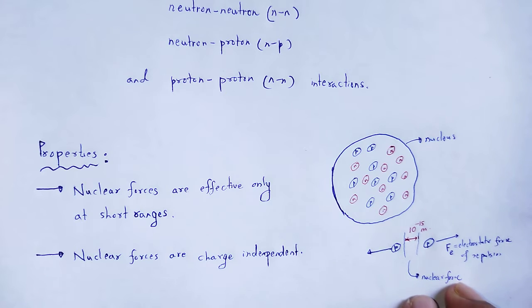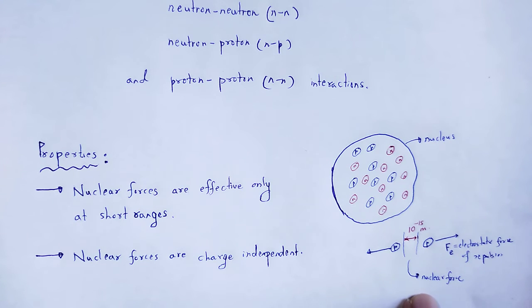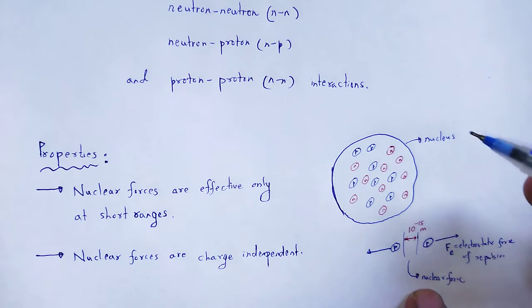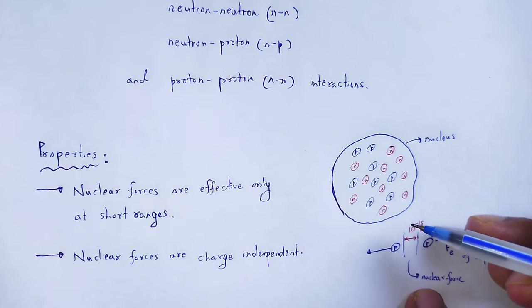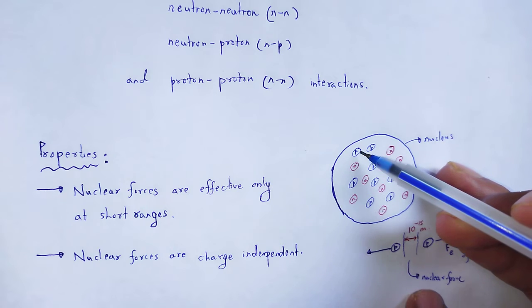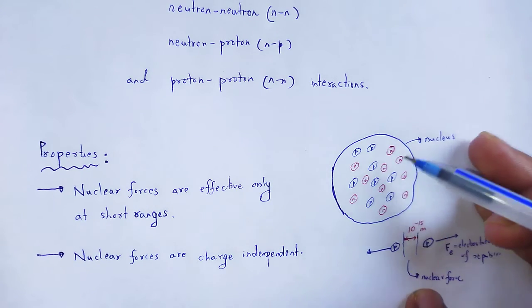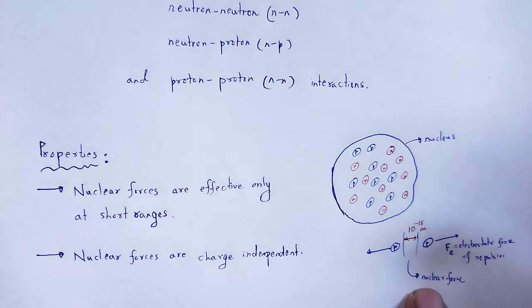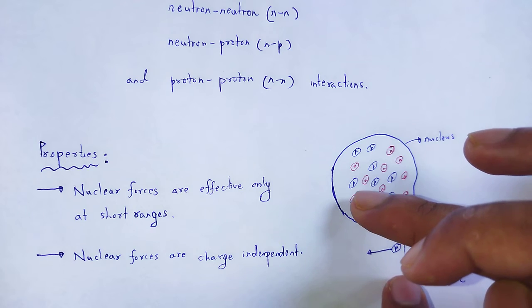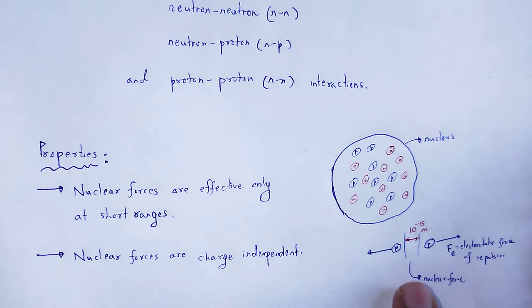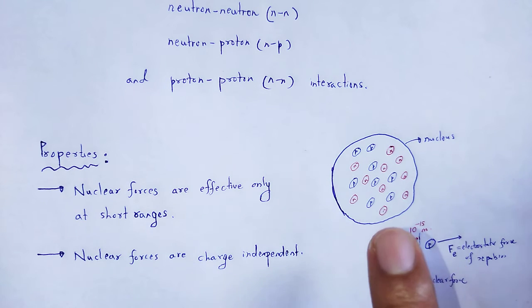Nuclear force is strongly attractive for proton, strongly attractive for neutron, as well as strongly attractive for proton-proton interaction, proton-neutron interaction and neutron-neutron interaction. So, we can say the nuclear force acting between these particles is the same. These forces are charge independent.